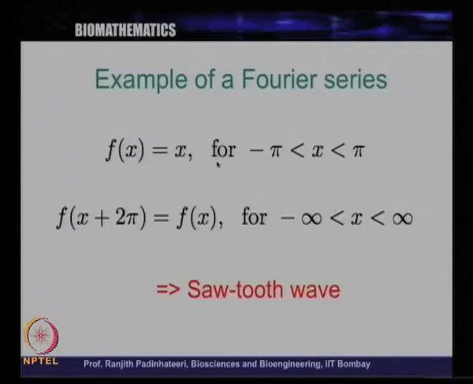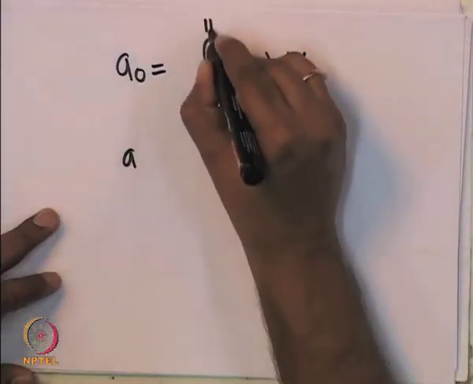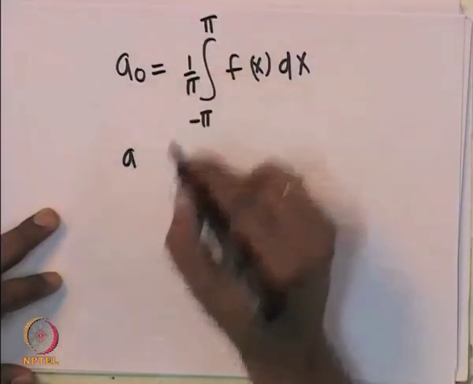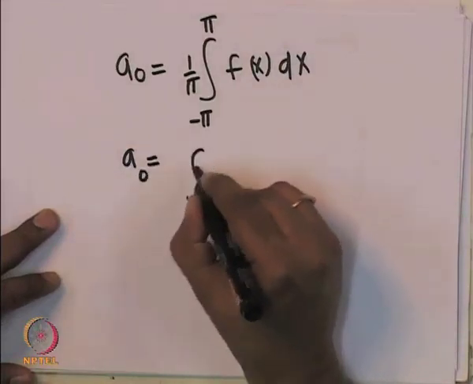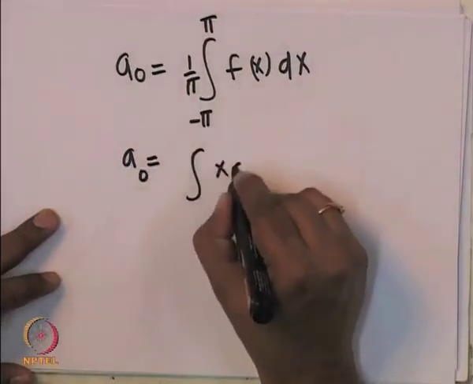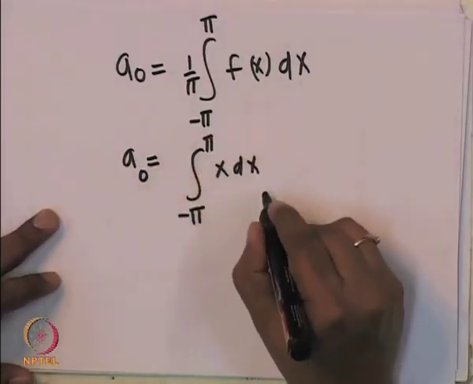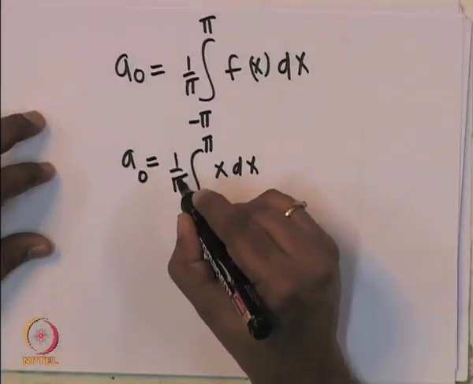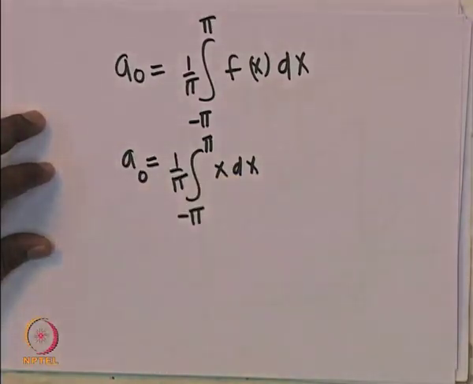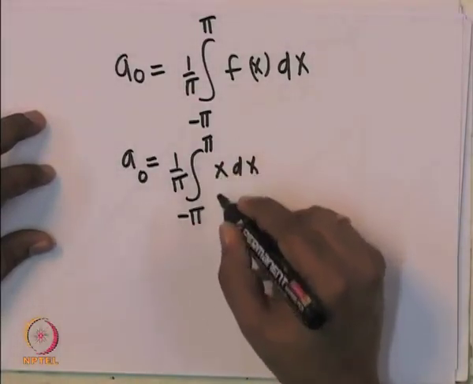Look at here, a 0 has 1 over pi, this is the definition. A 0 is the integral of f of x, which is x, x dx between minus pi and plus pi, times 1 over pi. Now, what is this integral of x dx between minus pi and plus pi?